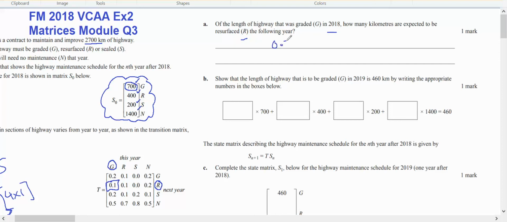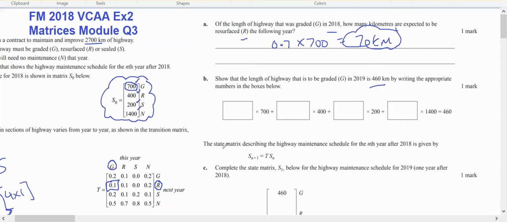So 0.1 times 700 is 70 kilometres I would expect to be resurfaced the following year.